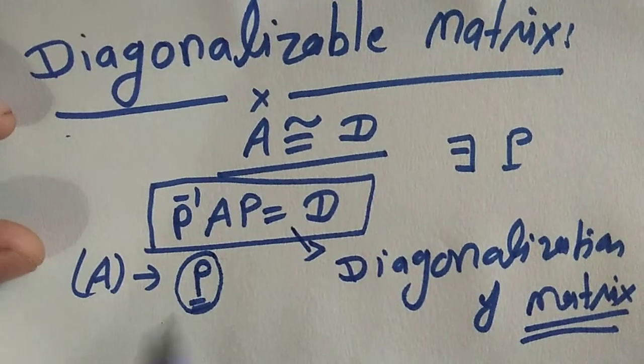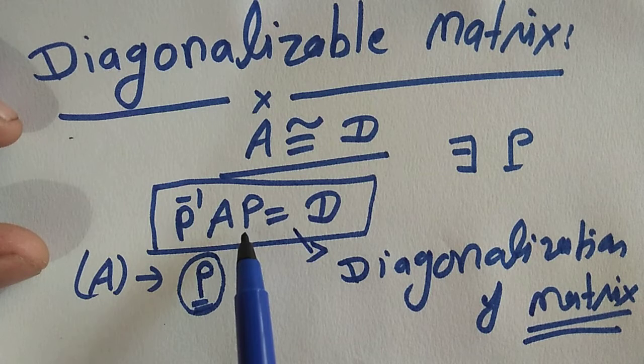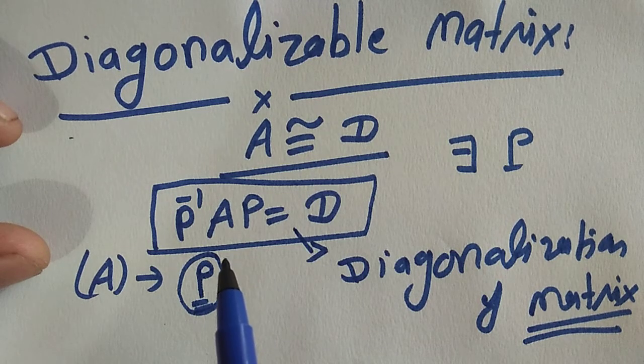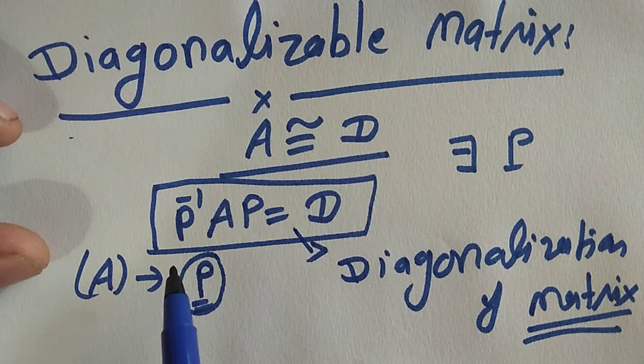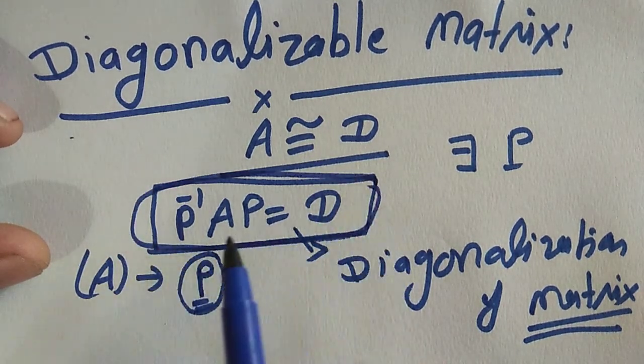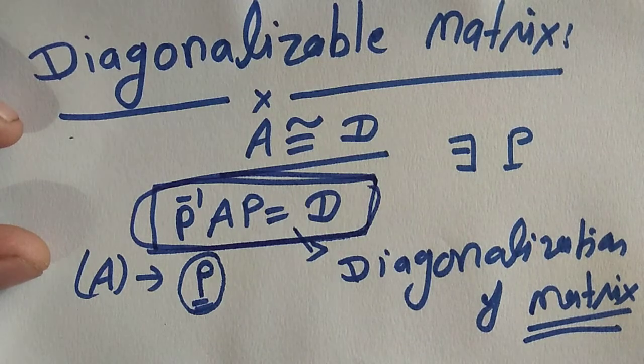So for the given matrix, this P will be the modal matrix, provided all 3 eigenvectors are linearly independent, then only P will be non-singular. We can find P inverse, and this transformation is called diagonalization of the matrix.